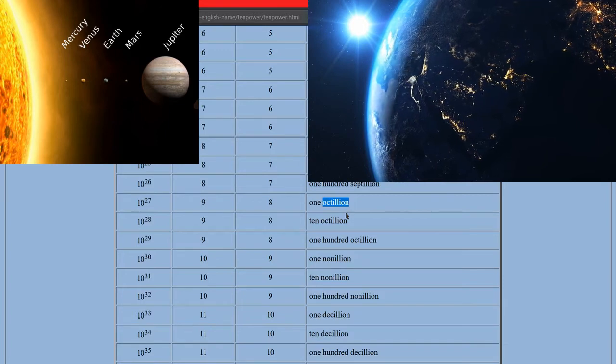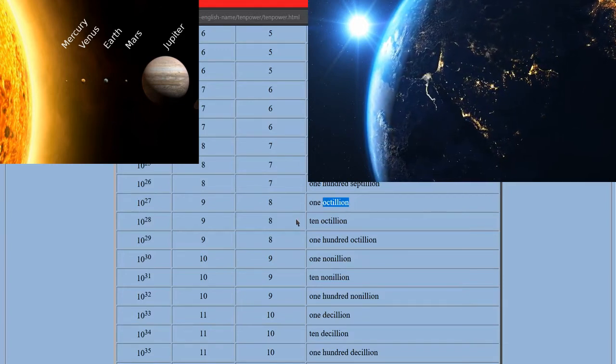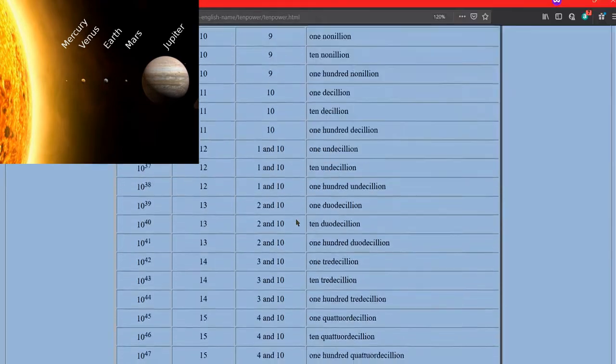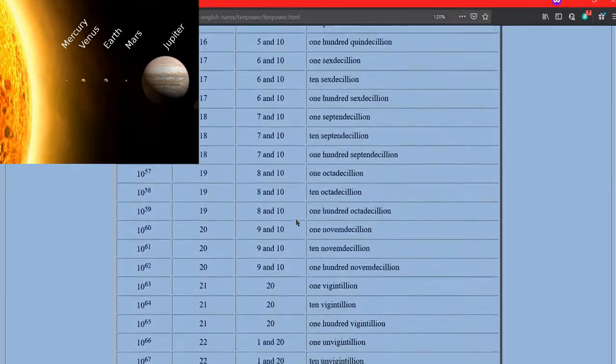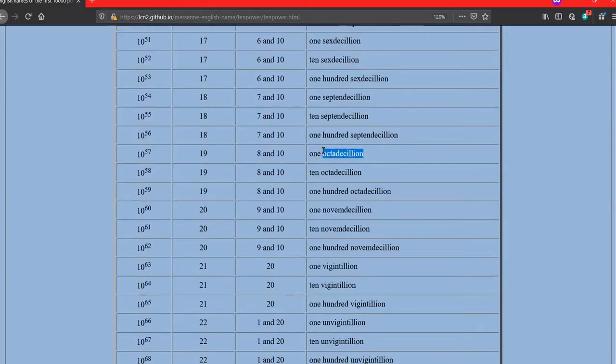So if you want to consider the number of atoms in our sun, we have to go further down. Here it is. Our sun, the nearest star to us, contains roughly 1 octodecillion atoms.